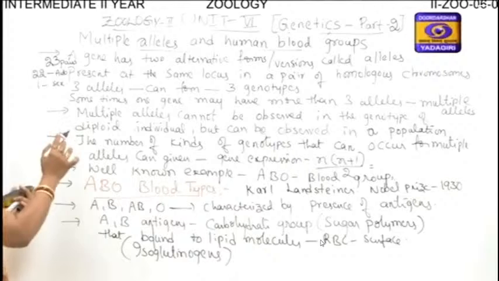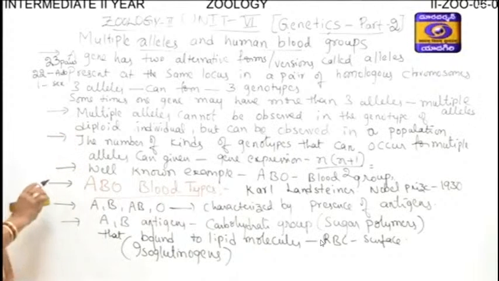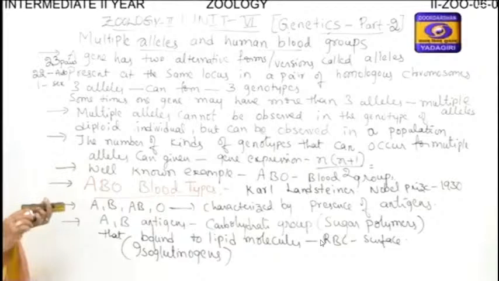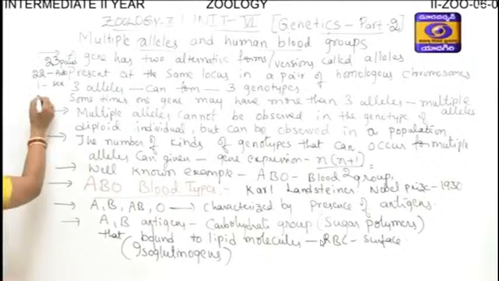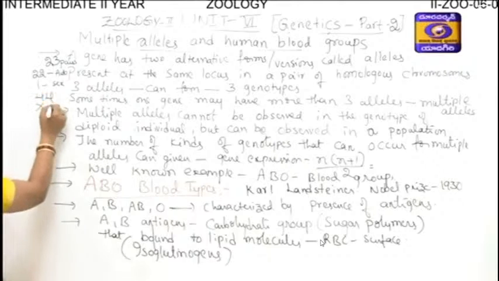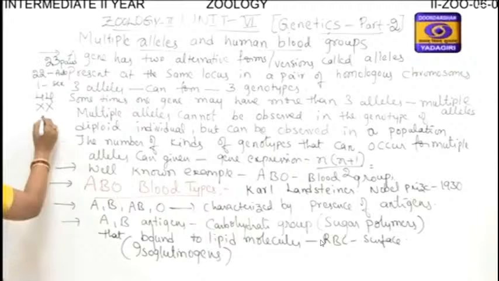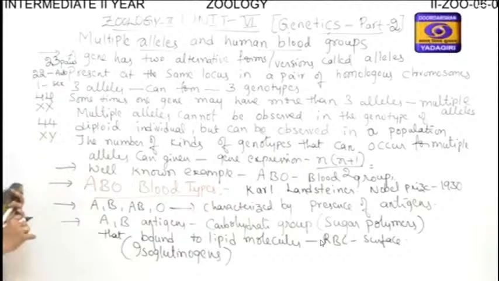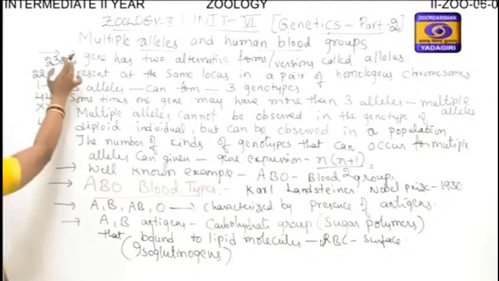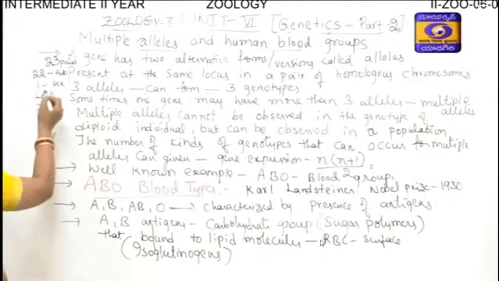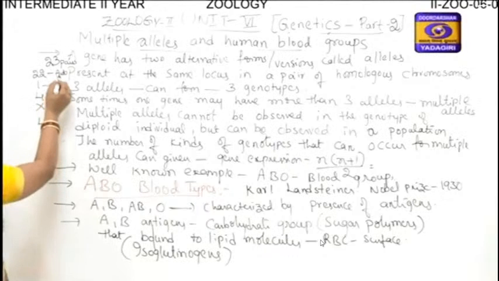The characters determined by the autosomes are controlled by autogenes, and the characters determined by the sex chromosomes are controlled by sex genes. In the female, 44 autosomes and 2 X chromosomes are present. In the male, 44 autosomes and 1 X and 1 Y chromosome are present, making 46 chromosomes, or 23 pairs. The genes present on the autosomes are known as the autogenes.